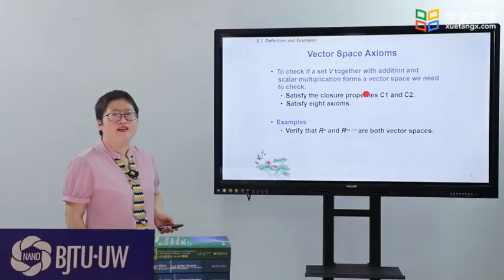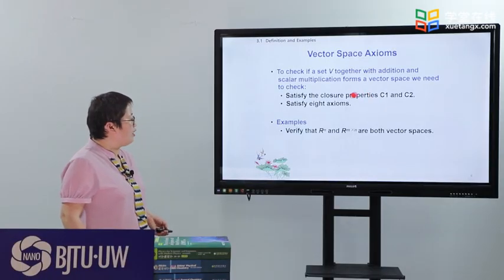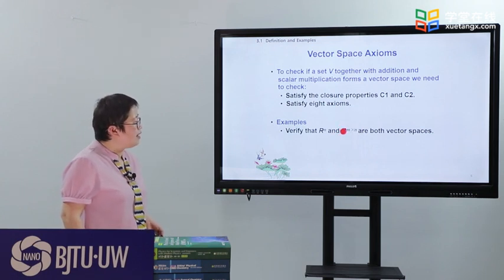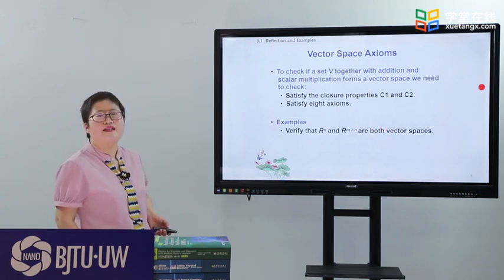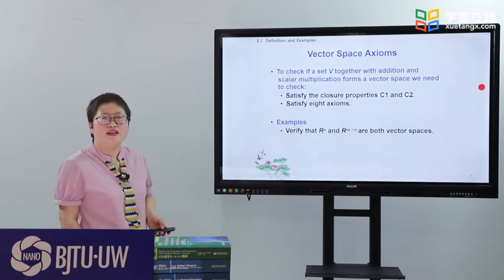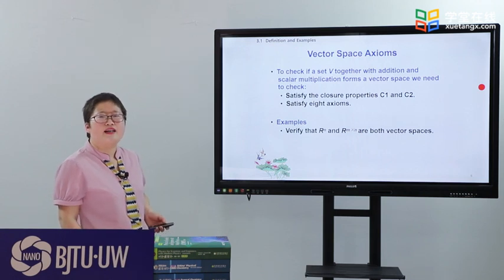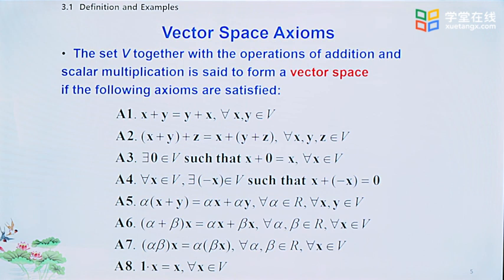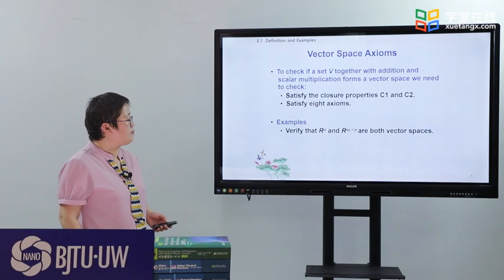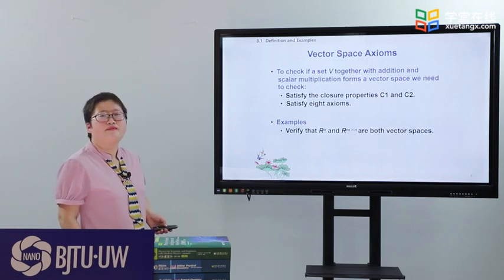Okay, so you can try to verify that R^n, the n-dimensional real vector space, and R^(n by n), the space of n by n matrices, are both vector spaces. So you can show the closure properties for the addition and scalar multiplication. And you can also show these 8 axioms hold for any vectors and the scalars corresponding to these sets.